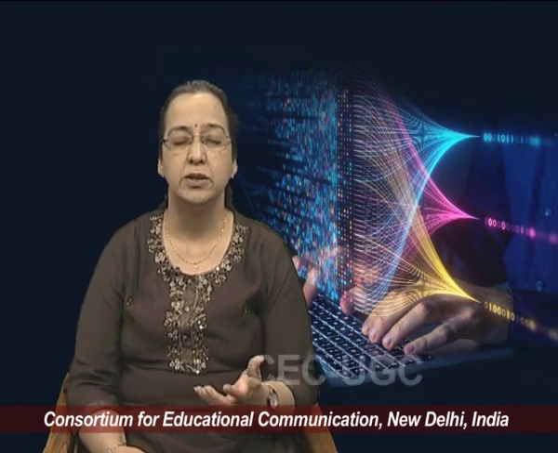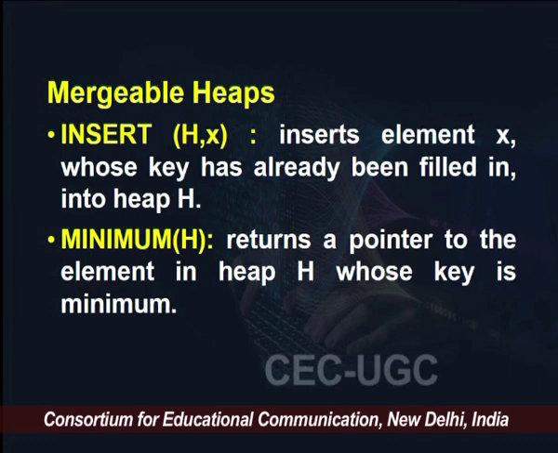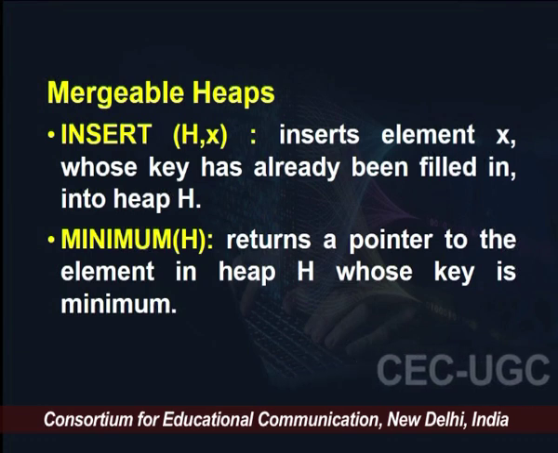Then the next operation is minimum of h, where we just pass a pointer to the heap. This minimum function is going to return a pointer to the element in heap h whose key is minimum. So, that is the minimum element which we are trying to find out.